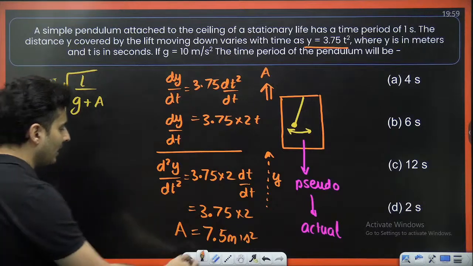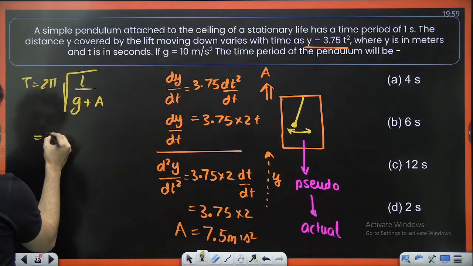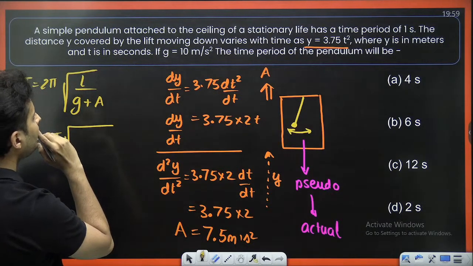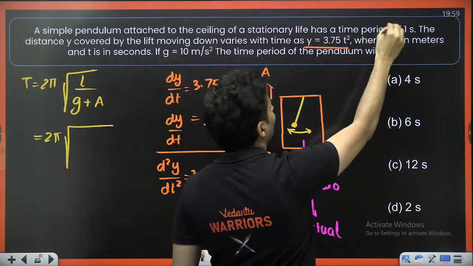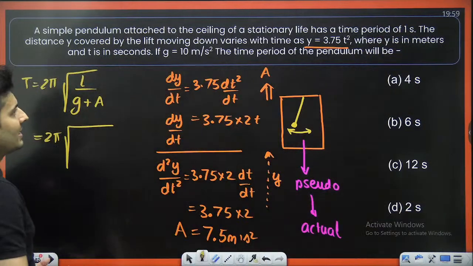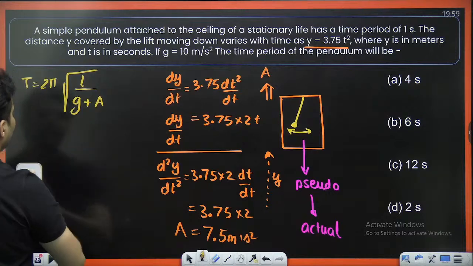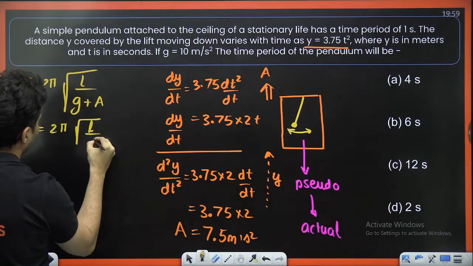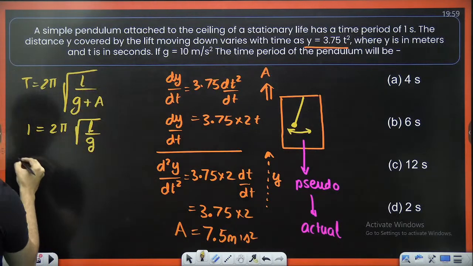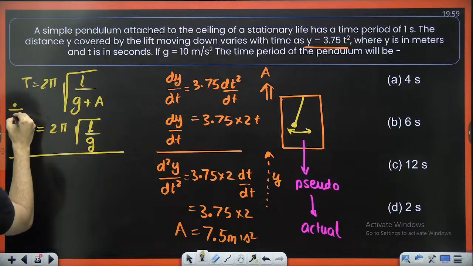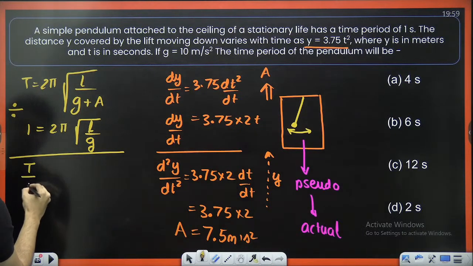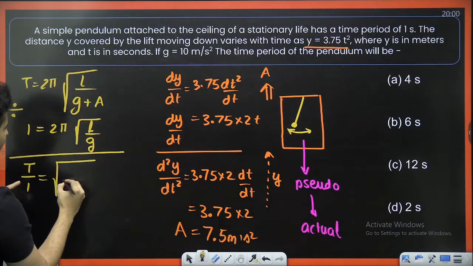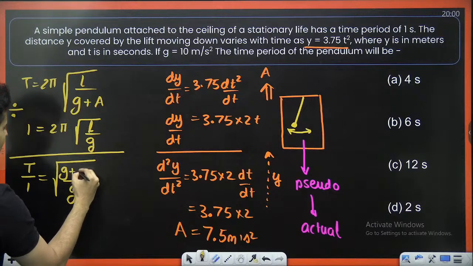Now substitute that here and you will get the answer. So this will be 2 pi root of length. It had a time period of 1 second initially. So we can do one thing. 1 second was 2 pi root of L by G. If I divide this with this, I'll get T by 1; 2 pi gone, L gone, root of G will be there, here G plus A will be there.